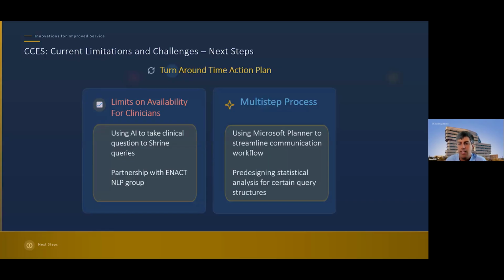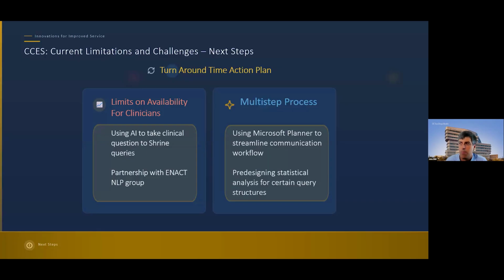We've partnered with the ENACT NLP group, and I think this partnership looks to be much more promising than our initial foray into this using publicly available LLMs, because we are able to put the ENACT SHRINE ontology into the workflow and have much better response with a co-developed AI workflow. And I'll show you the beginnings of that in a screenshot on the next slide.